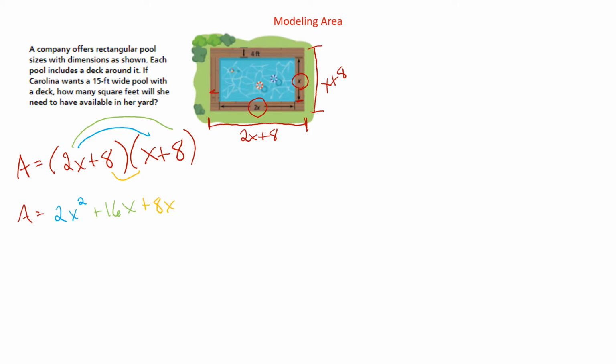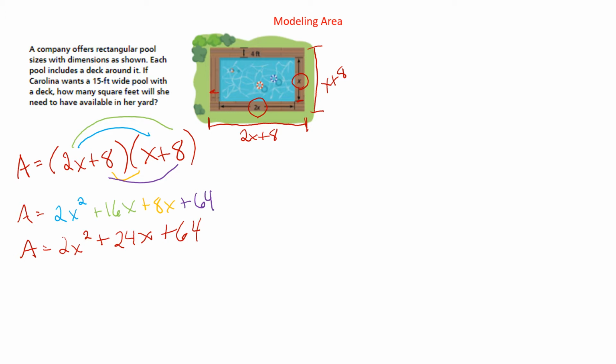And then 8 times 8 is plus 64. We can combine our like terms. We have 2x squared plus 16x plus 8x is 24x plus 64. So that would be our model.